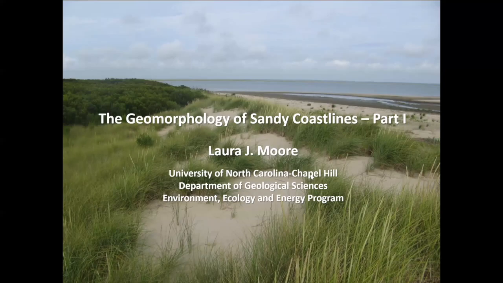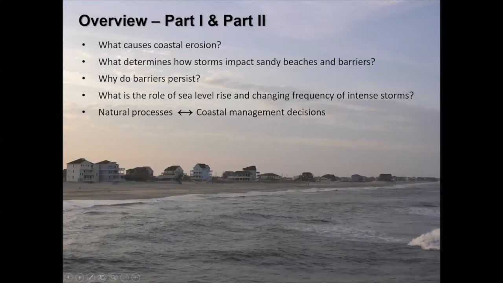So to give you a sense of where we're headed, as Marty mentioned, there are two parts to this with Q&A following each part. What we're looking to talk about here in part one are the causes behind coastal shoreline erosion and the factors that determine how storms impact sandy beaches and barrier islands, or barrier spits and mainland barriers.